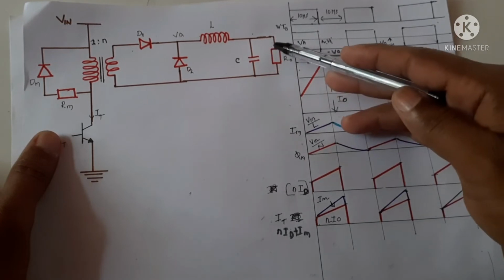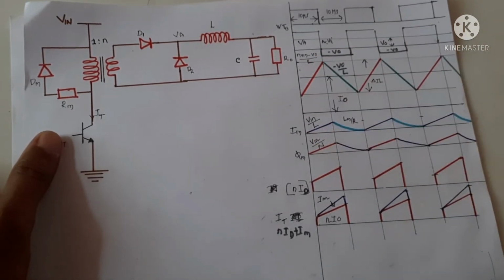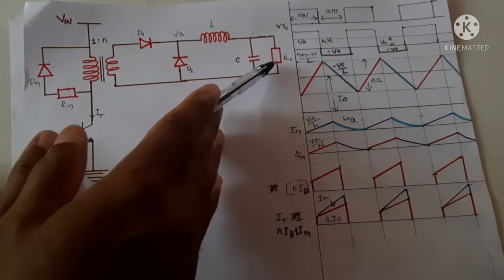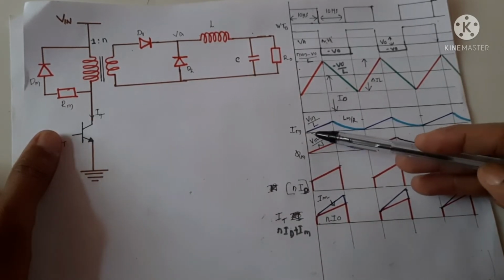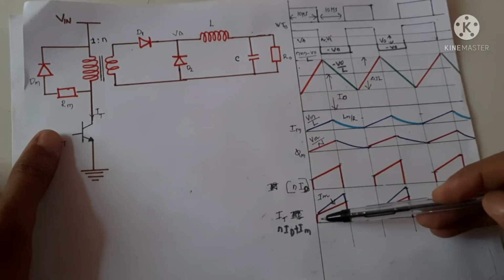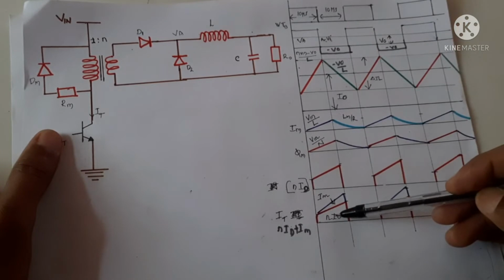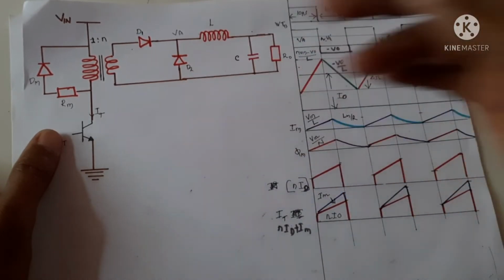If 2 ampere flows through it, half of that means 1 ampere. 1 ampere will flow due to the output current, and there is also already a magnetization current. So the total current is the reflected current due to the secondary load current plus the magnetization current. This is the current flowing through this transistor.